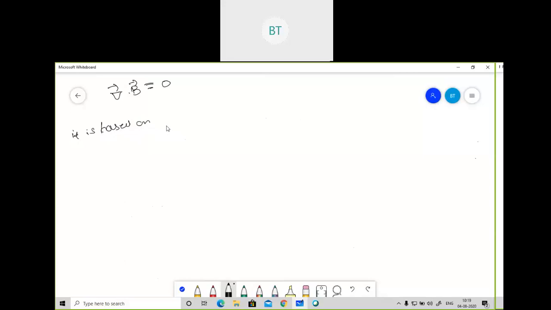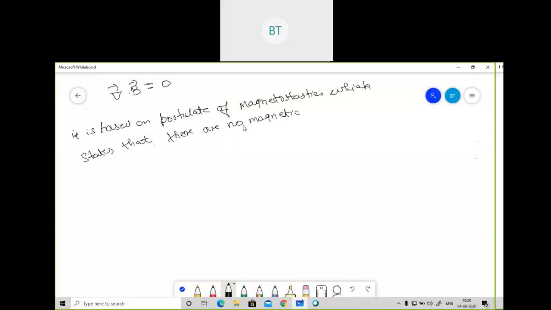It is based on the postulate of magnetostatics, which states that there are no magnetic flux. I'll elaborate this statement that I'm giving to you. For the time being, please write it there. After that, I'll explain what I'm writing here.